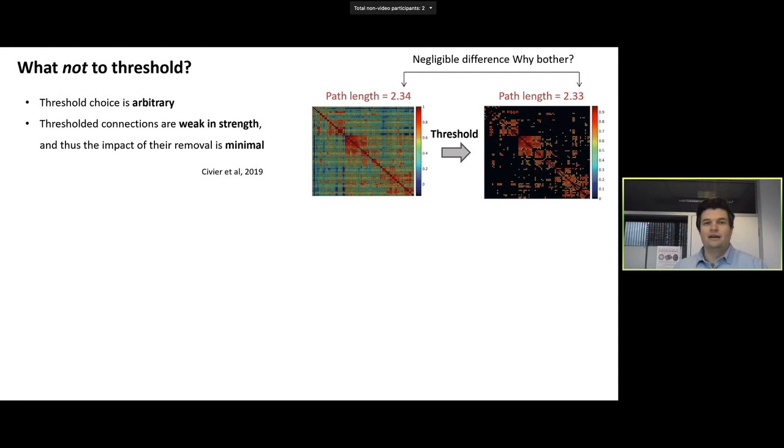And so it turns out that whether or not we throw these connections away, their overall influence on network measures, such as path length in this example, is probably negligible. So they contend that, well, what's the point of including a thresholding step if the overall consequence is minimal?